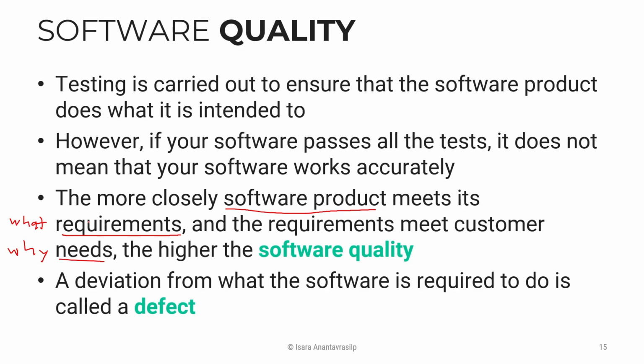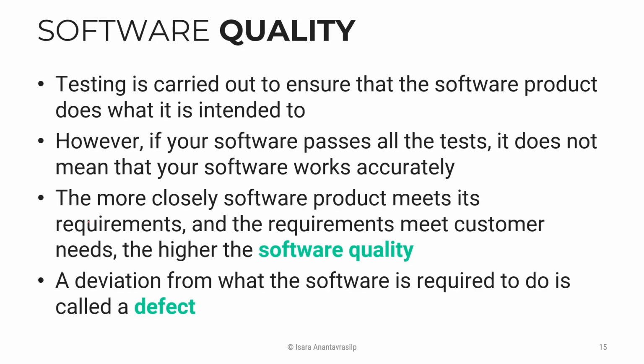Anyway, a deviation from what the software is required to do is called a defect, and there could be many levels of defects. First, bugs, of course, are defects. If the software contains no bugs, miraculously, normally you don't have that, but let's just say you have software that is bug free.